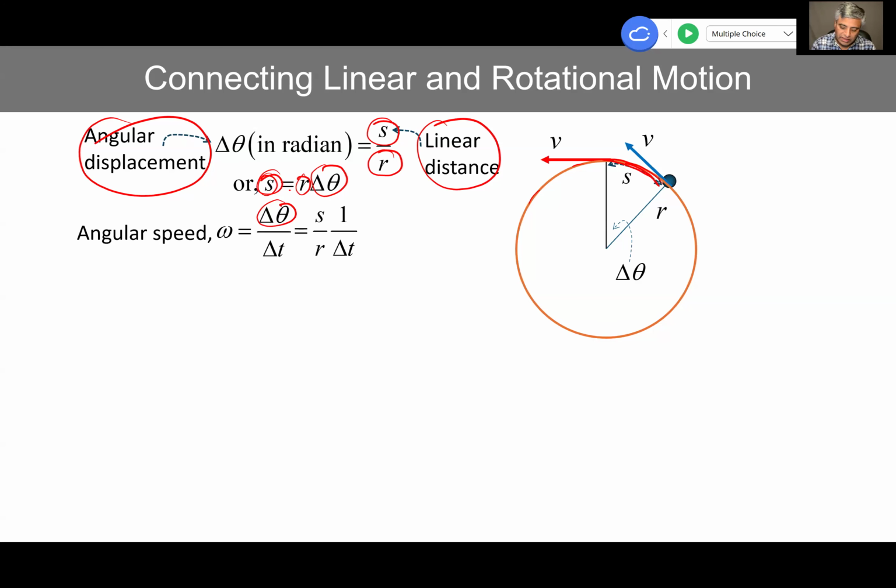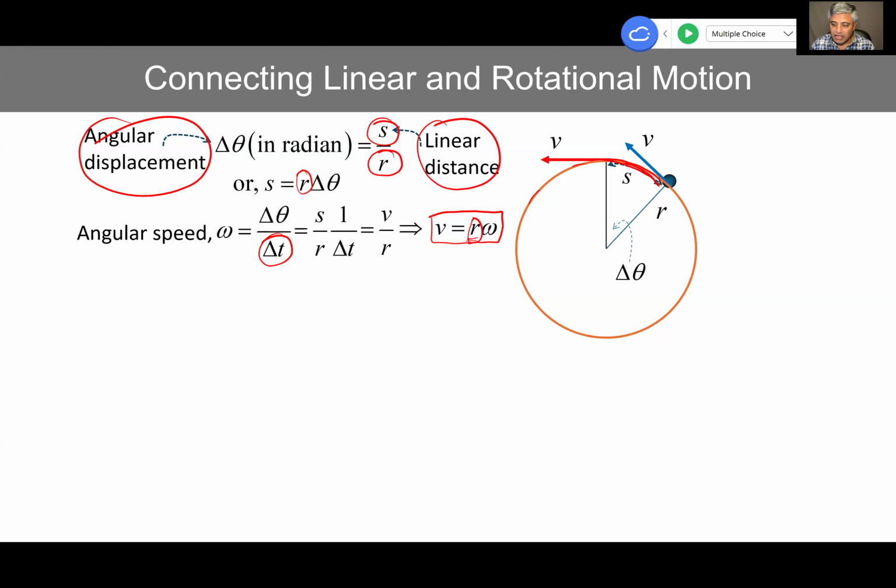So I replace delta theta by S over R. Delta t is still in the denominator. But now if I pair this distance over time interval, it becomes speed. So this is speed over R. There is this relationship between linear speed and angular speed, and that is also related through the R, just like we have here. See, it's the R that relates those two things.